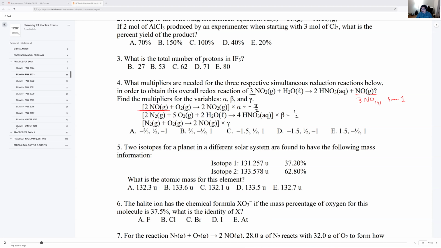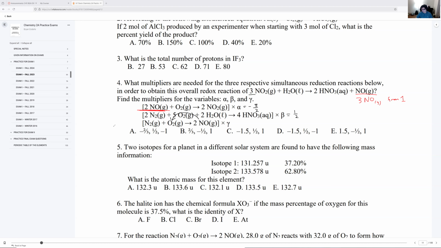So I notice that the NO is not the correct coefficient. I need to get rid of 2 of them. So how do you do that? Well, this is a 2. If I want to get rid of 2 of them, then I need 2 on the reactant side because this is on the product side. I currently have 3 NOs on the product side. So I need 2 on the reactant side for everything to cancel out properly.